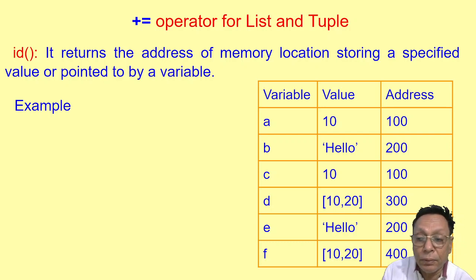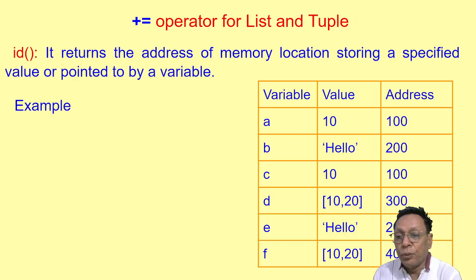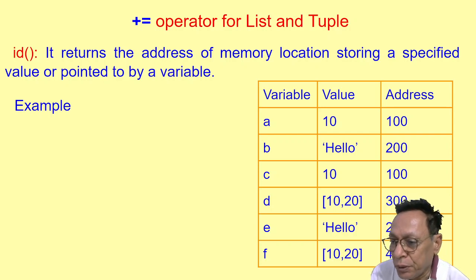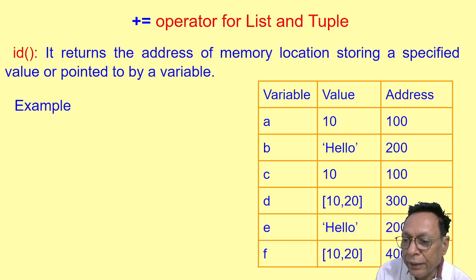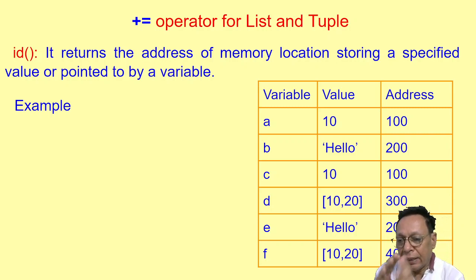The ID of B, hello, will be 200 and the ID of E will also be 200. But the ID of list D is 300, and the same values in the list pointed to by variable F will have ID 400.